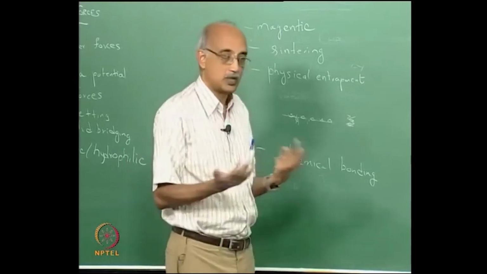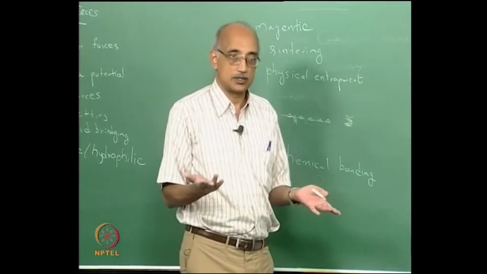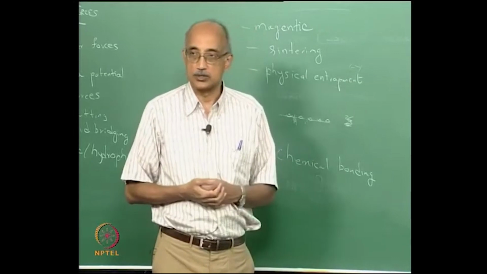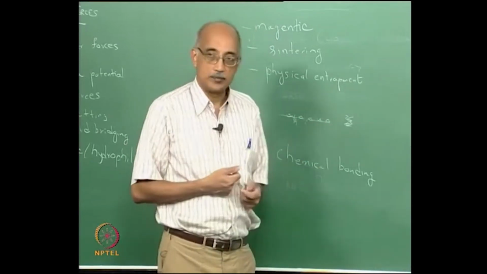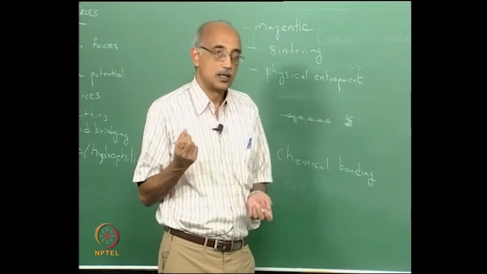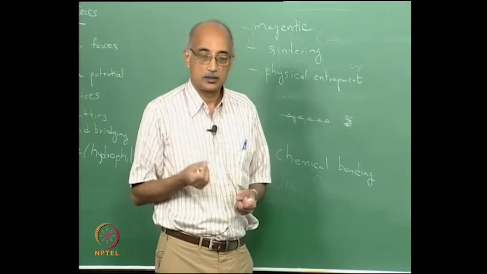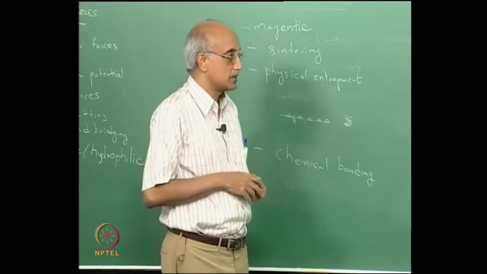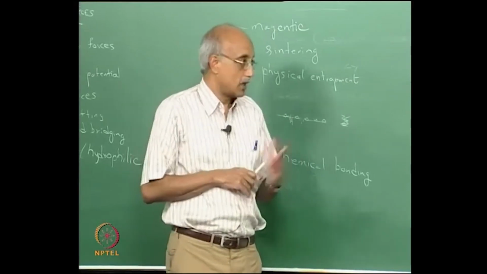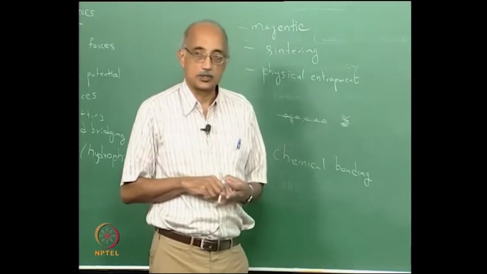You can build up charge by various mechanisms. Triboelectricity can be used to bond particles to a surface. But even without considering all this, we have a large number of potential adhesive phenomena that can bond two surfaces together. So we'll deal with some of these in more detail, starting with van der Waals forces.